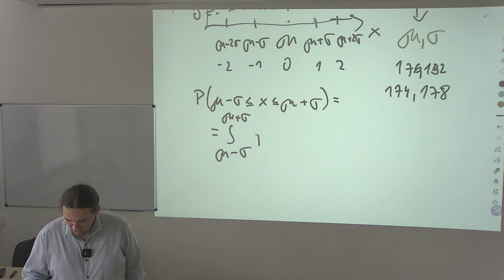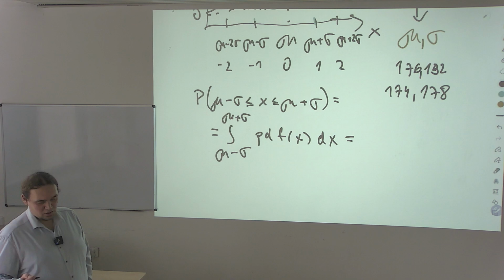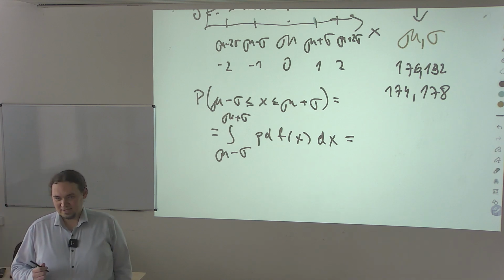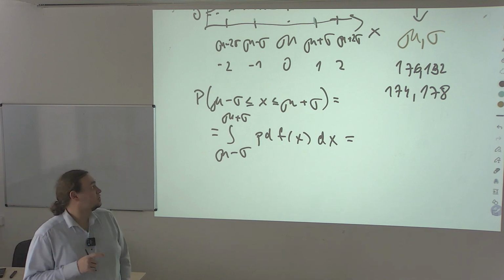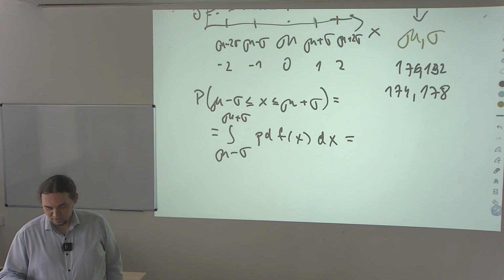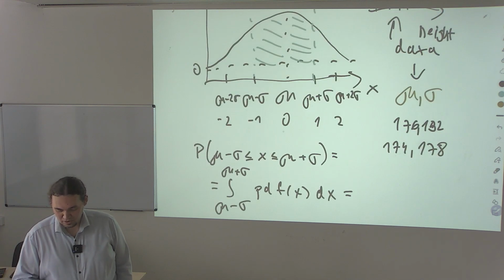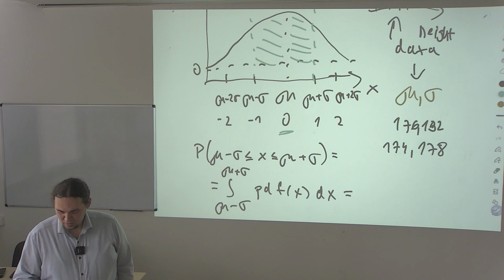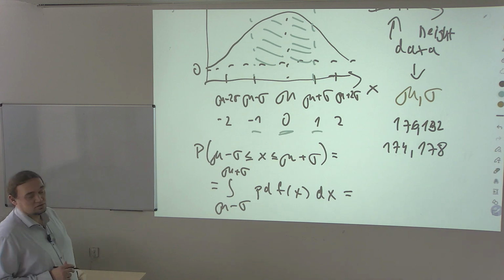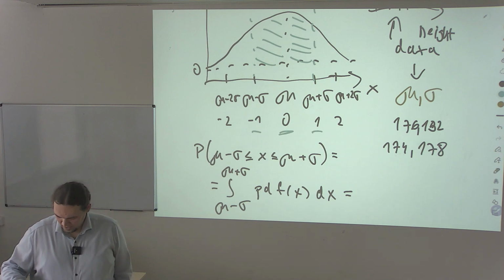Let's take our PDF and do the integration. Let's say that we are in this world of standard distribution, which means that our mean is 0 and our standard deviation is 1.